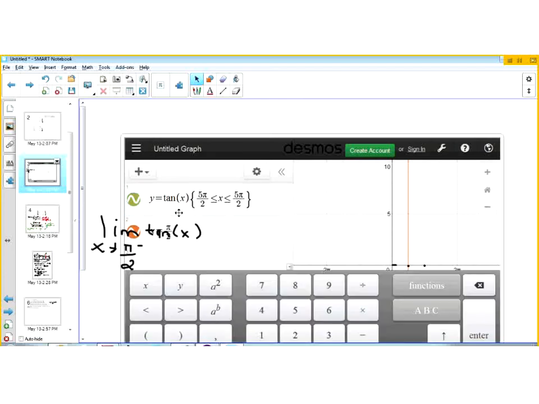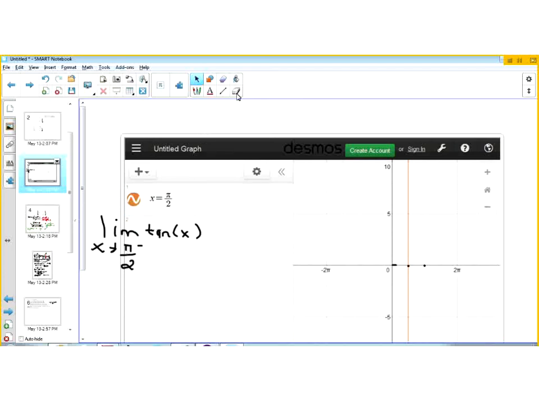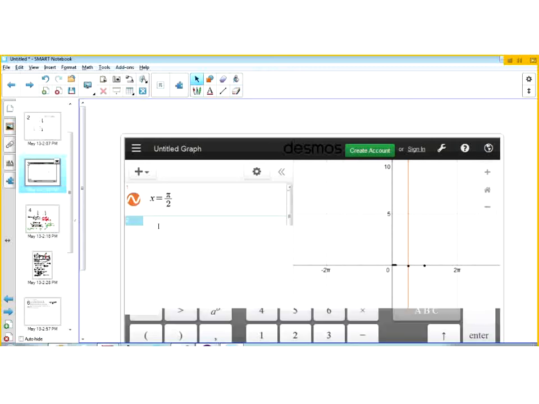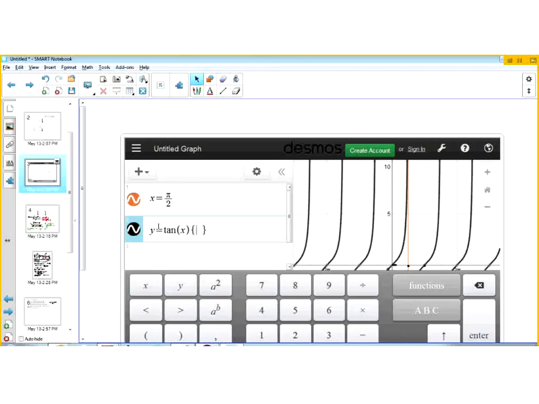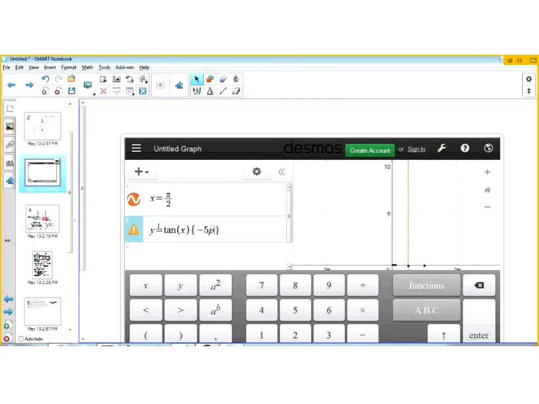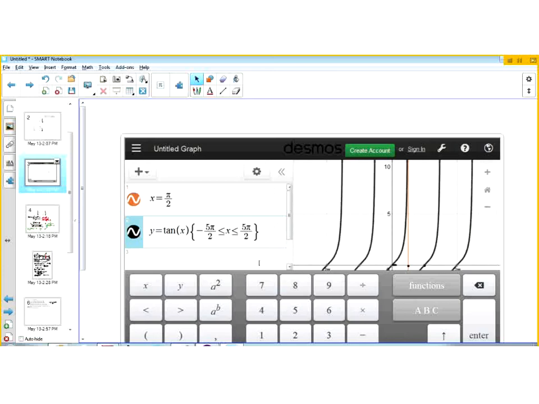I'm not showing my green curve anymore, so I have to replot. All right, so there's x equals pi halves, and then my next graph, negative 5 pi over 2 less than or equal to x less than or equal to 5 pi over 2. All right, so there we go, shown in black now.